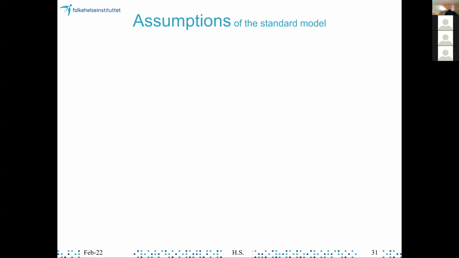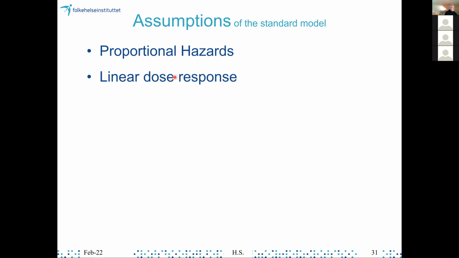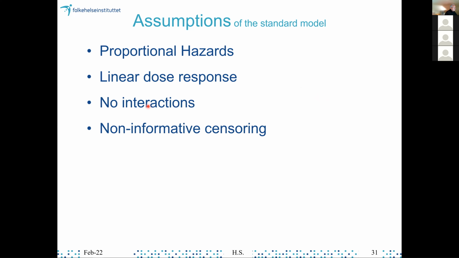So the assumptions of the standard model are that we are using proportional hazards, that we have a linear dose response, that we have no interactions, and that we have non-informative censoring. And we will start with the proportional hazards assumption.